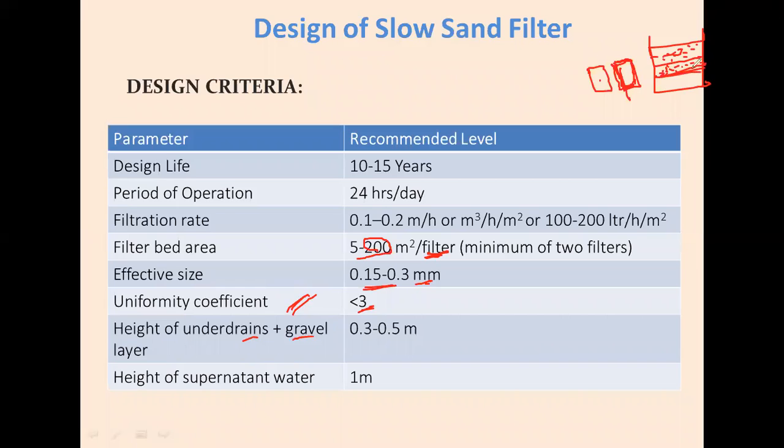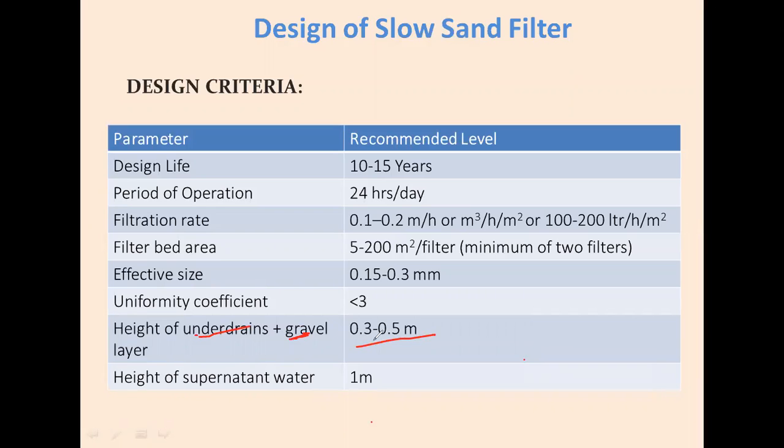Below this gravel there is an under drain system through which filtered water is collected. The height of under drain plus gravel layer should be between 0.3 to 0.5 meter.